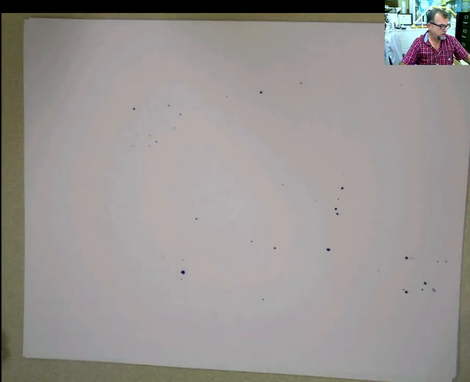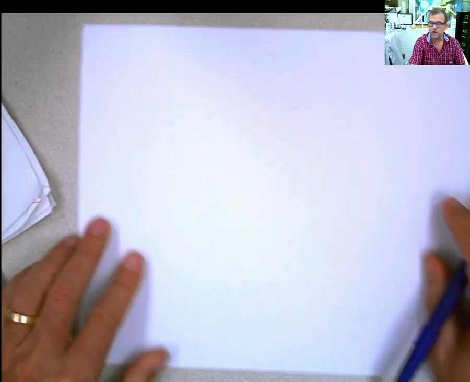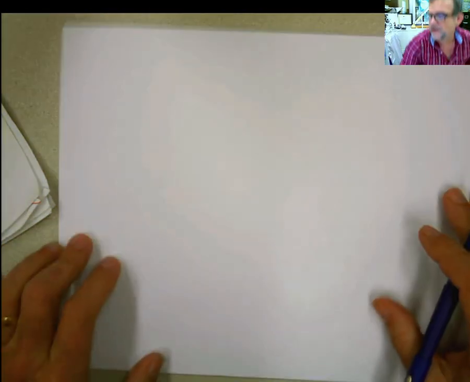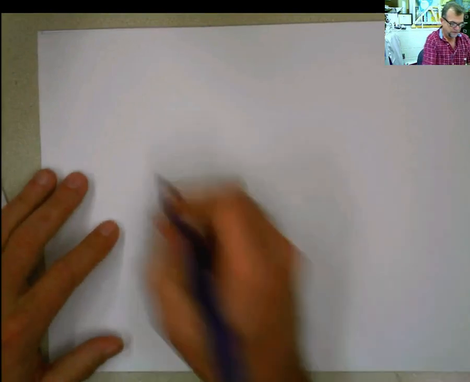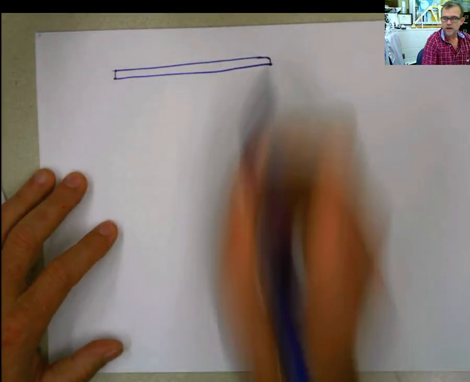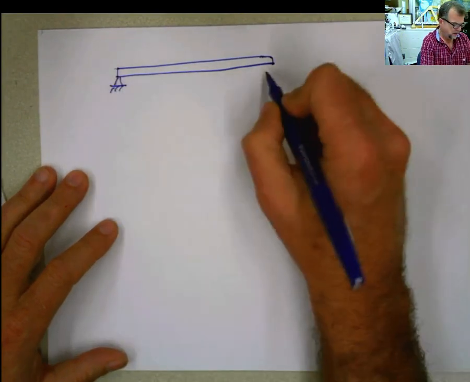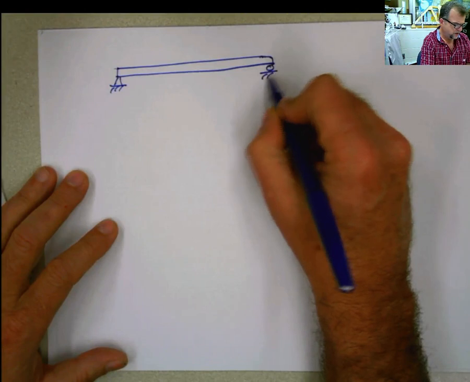So let's do an example to show you how these internal forces are calculated by the method of the sections, and how you are going to work with that. This is a simple example. First, you have a beam like this, with a pin support here, and a roller in this part.